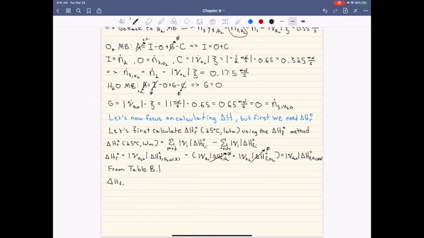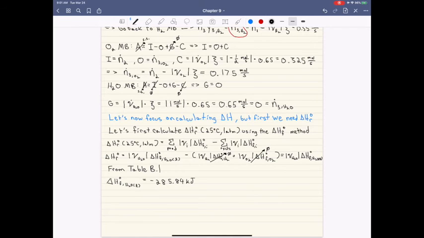What you should have found is that the standard enthalpy of formation for liquid water is equal to negative 285.84 kilojoules.